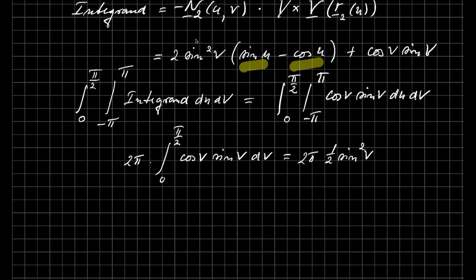Try to differentiate 1/2 sine squared of v: you get 2 times 1/2, that is 1, times sine of v times cosine of v. So this is an antiderivative of cosine v sine v, and you take it between these limits. So this is again equal to pi.